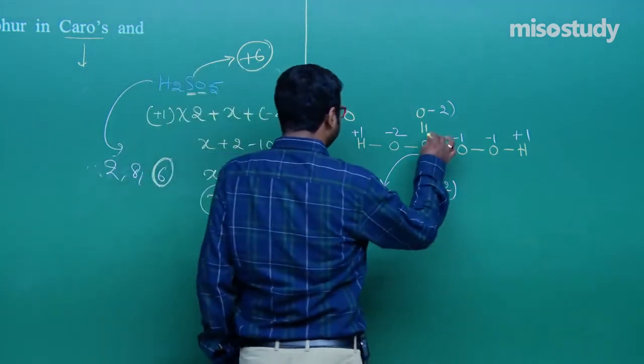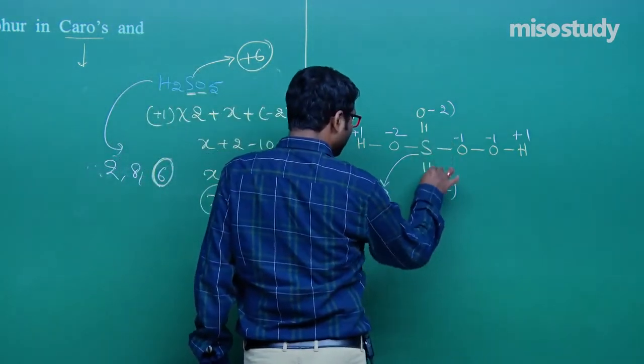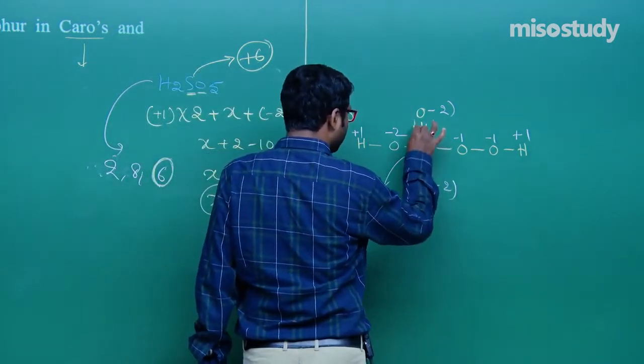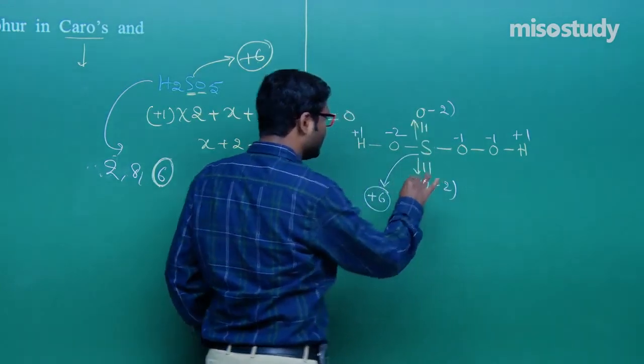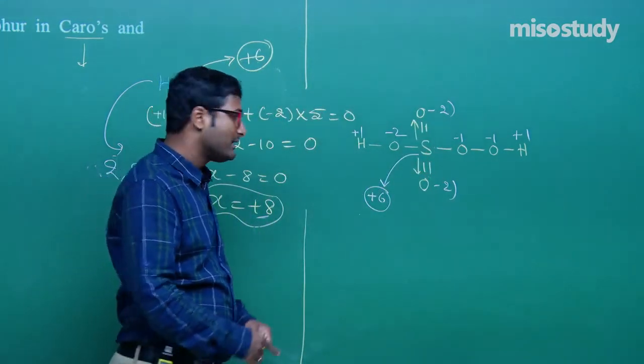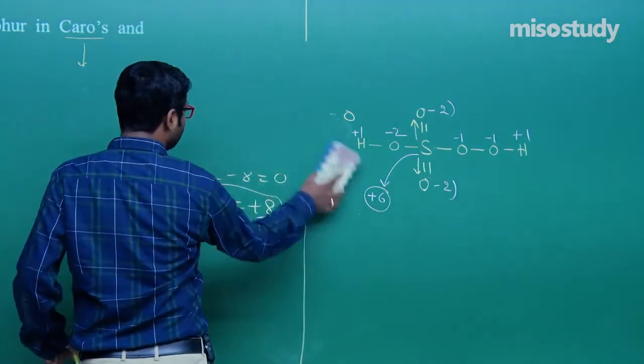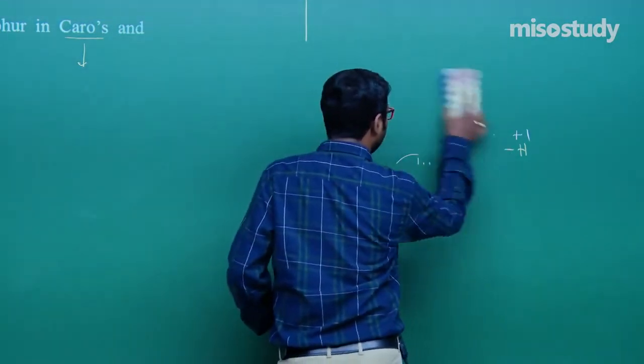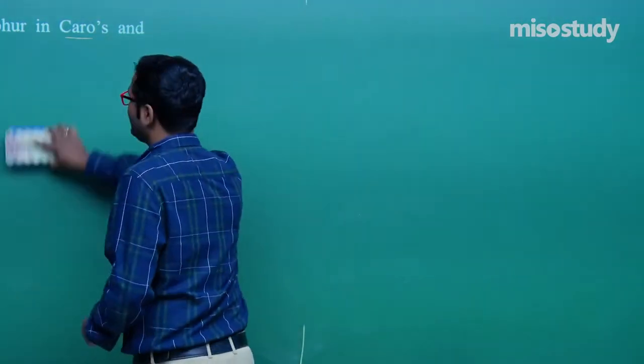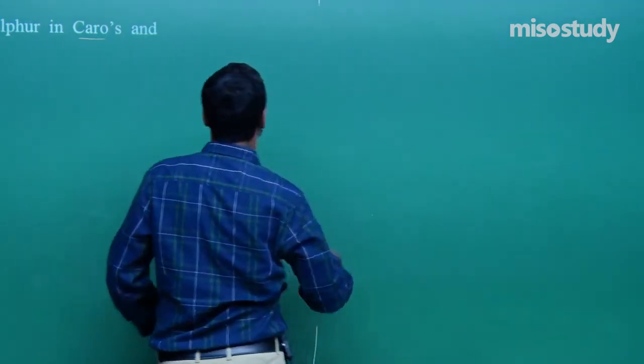Look at one more thing. Here this one is not a good representation. This linkage is the best representation. Clear to you? Now we can say in Caro's acid the oxidation state of sulfur is plus 6. Clear to you? What is Marshall's acid?